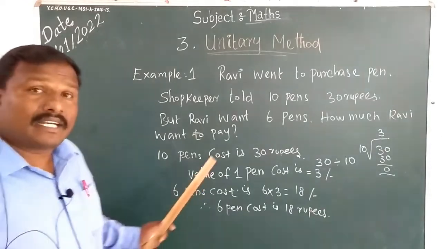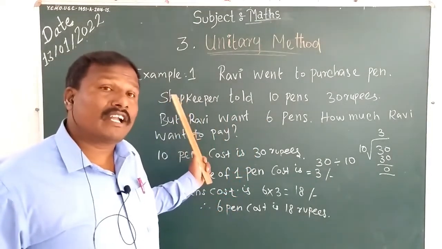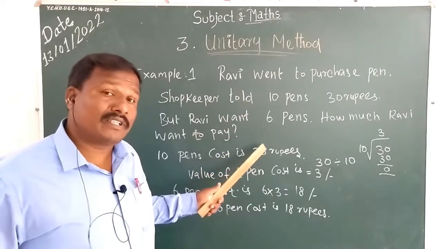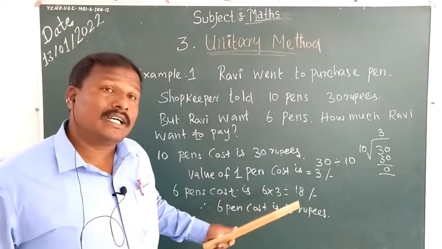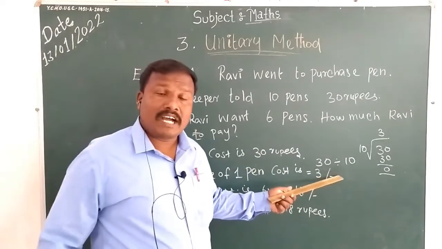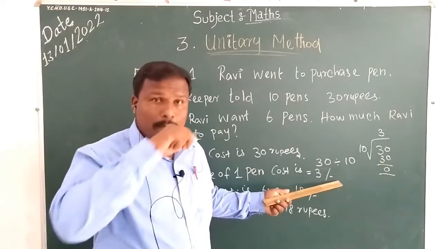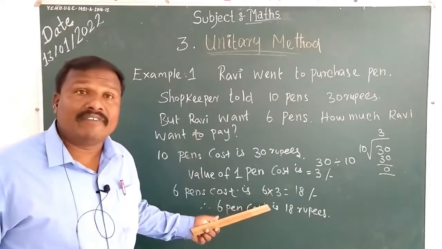As per our definition, I told you that with the method of division we find the value of 1, and with the method of multiplication we find the value of more than one. Here I used division to find one value, and multiplication to find the many values.